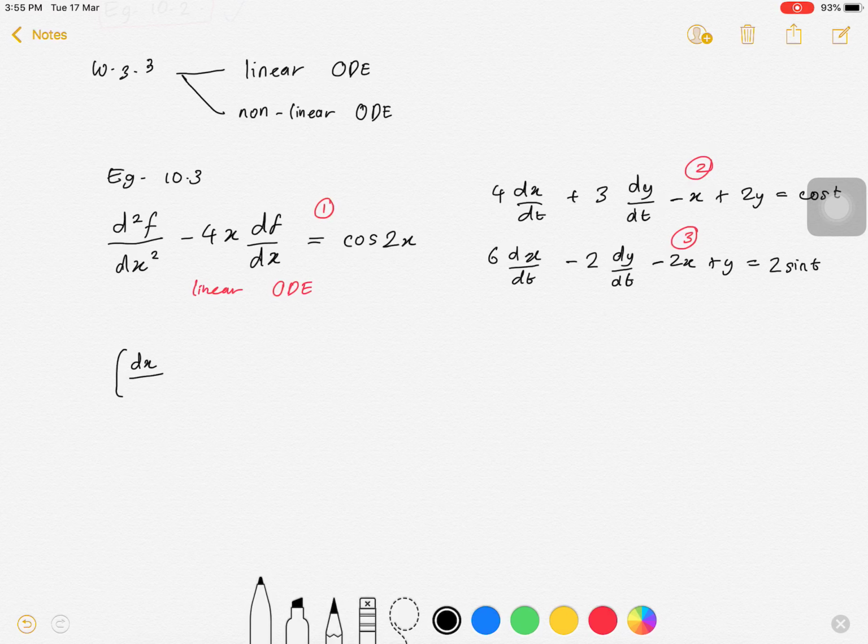The first one: (dx/dt) squared plus 4dx/dt equal to 0.